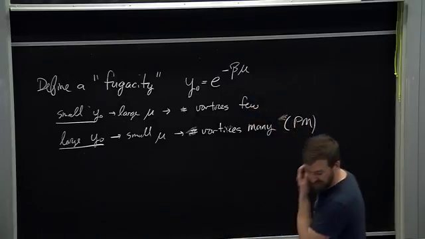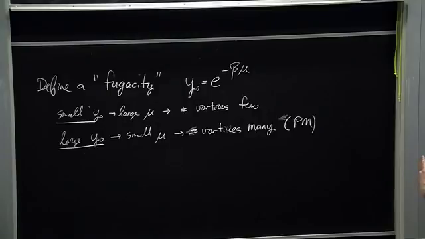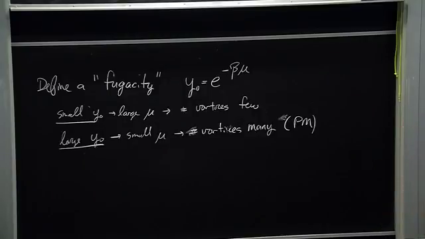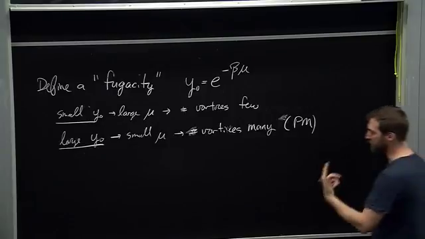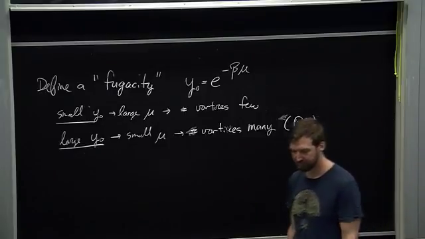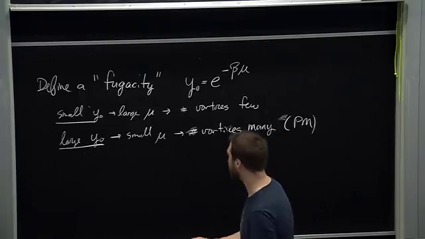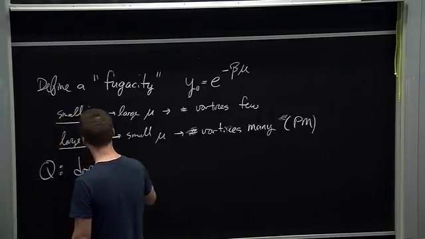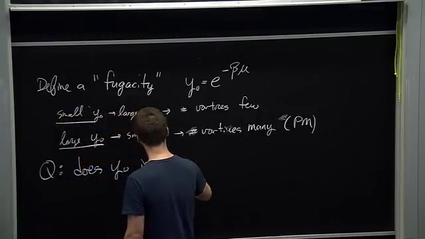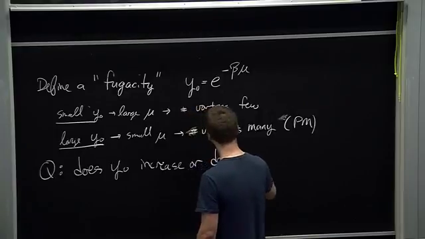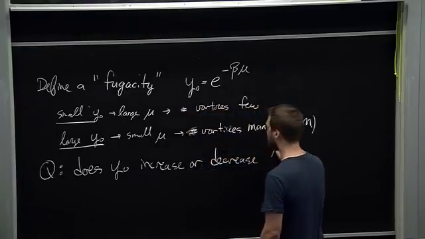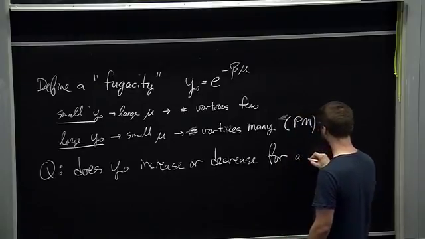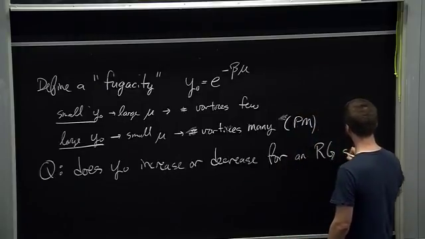Yeah, okay, that's right. So if my RG flows to large y, or y naught, then that's going to be the trivial paramagnetic phase. That's what we're interested in, the big question: does y naught increase or decrease along RG flows for an RG step?